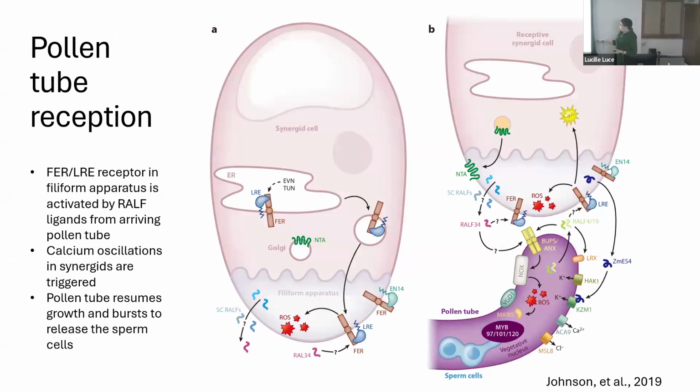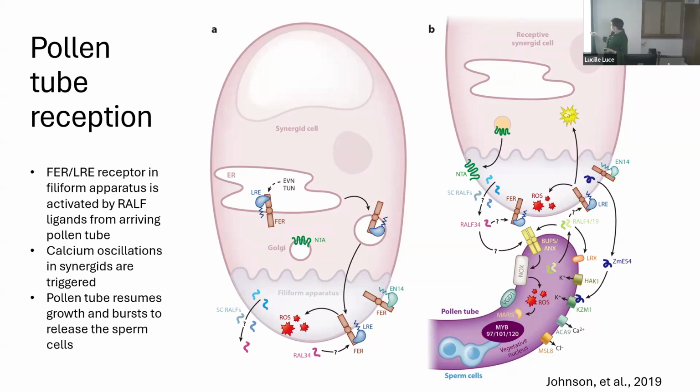Okay, so from all this and from work that several labs have done, there's a model that we have Feronia and a GPI anchored protein called Lorelei that are found at the filiform apparatus, and they act as a co-receptor for Ralph peptides from the arriving pollen tube.